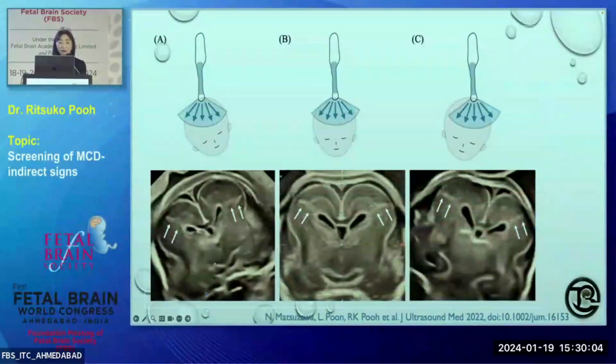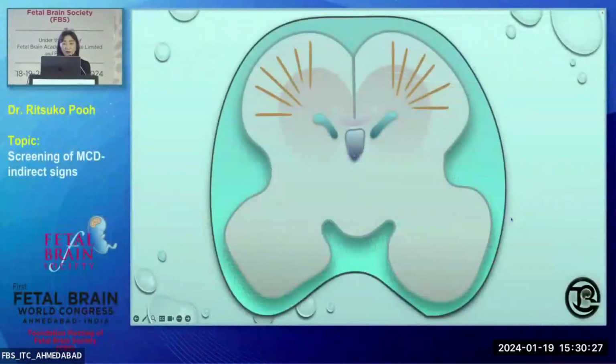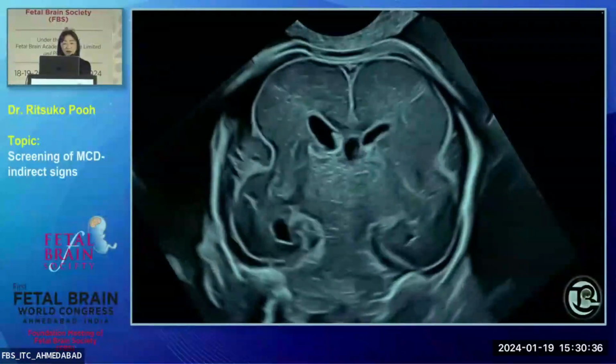Now, we found that the cat ear lines are shown in different locations depending on the probe angle, as shown here. So here you can see this means that the CEL is a line that is always perpendicular to the ultrasound beam. So we can say that cat ear lines are serial radial lines that exist continuously on the coronal section.